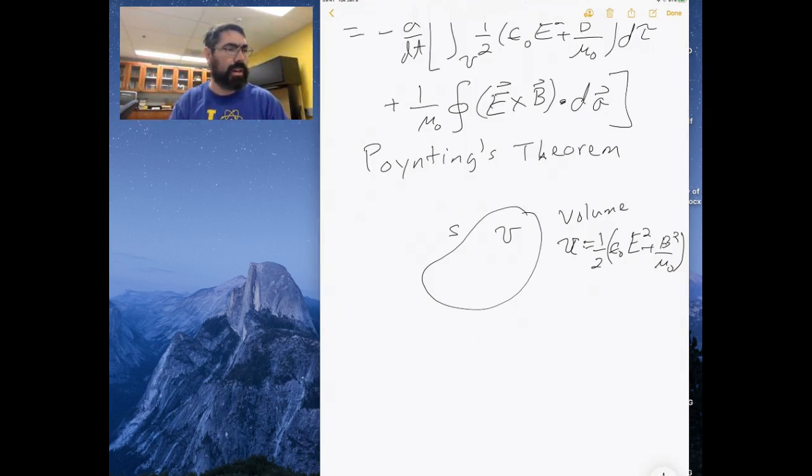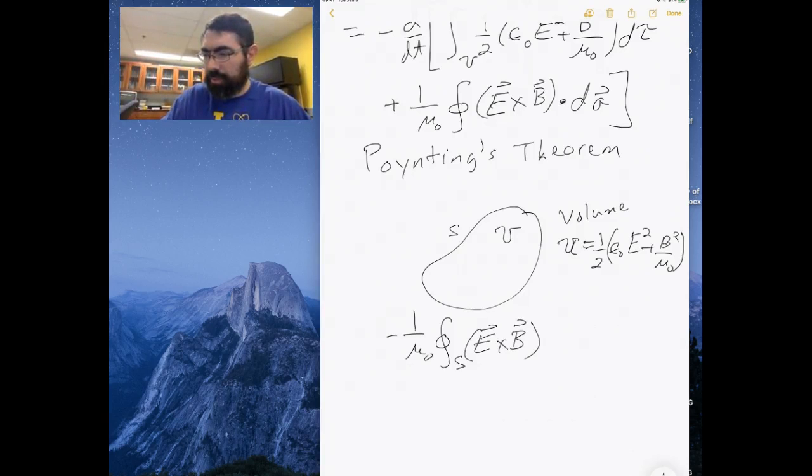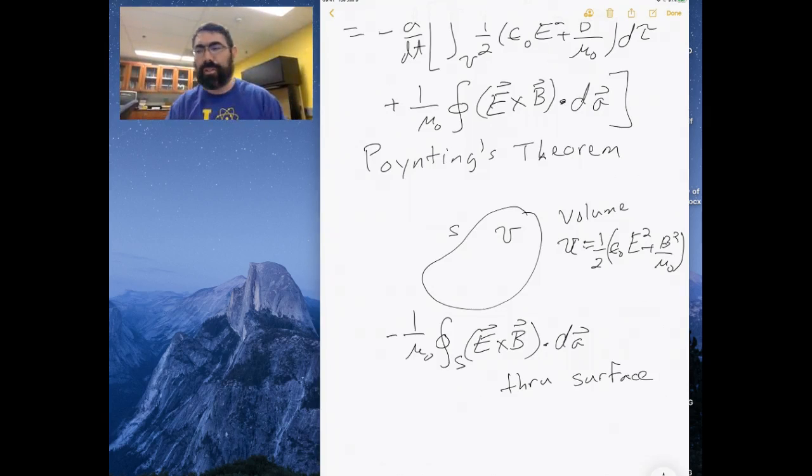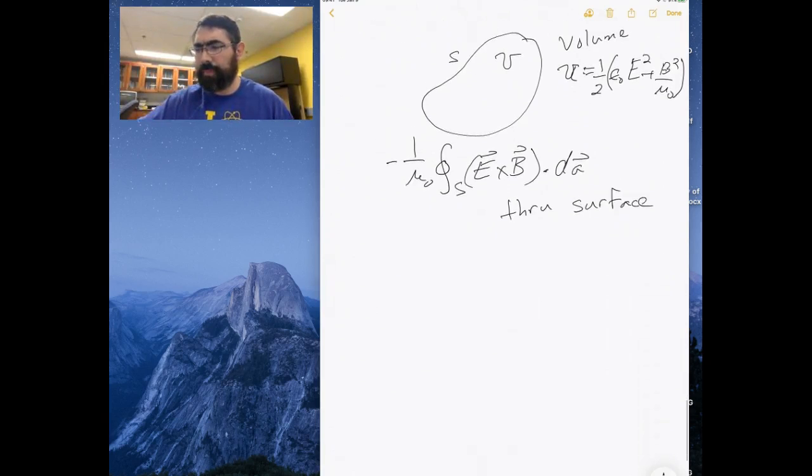So the energy flowing out of the system is minus 1 over mu naught, the integral through the surface E cross B dot dA. So it's the amount of energy that is exiting the system.